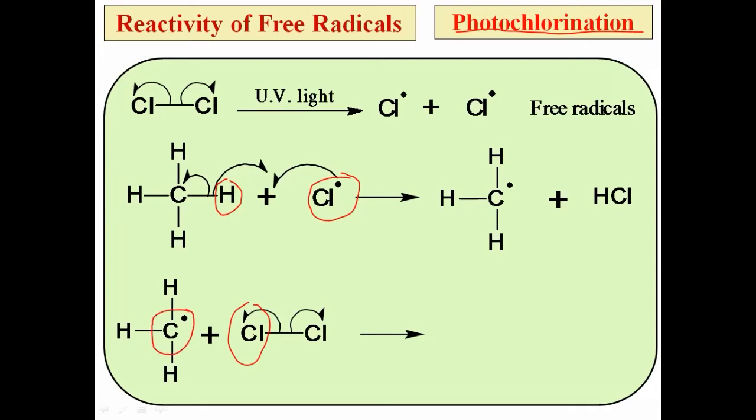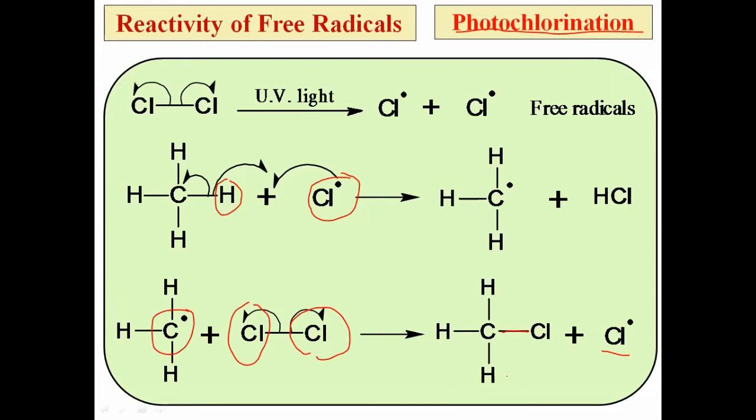This is the byproduct, the chlorine having an unpaired electron, while this is a new covalent bond between carbon and chlorine. This is methyl chloride.